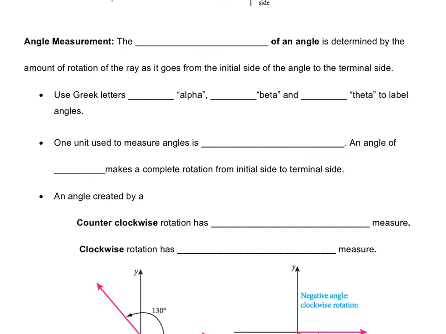Angle measurement. The measure of an angle is determined by the amount of rotation of the ray as it goes from the initial side of the angle to the terminal side. We often use Greek letters to stand for the measure of an angle, such as alpha, beta, and theta.